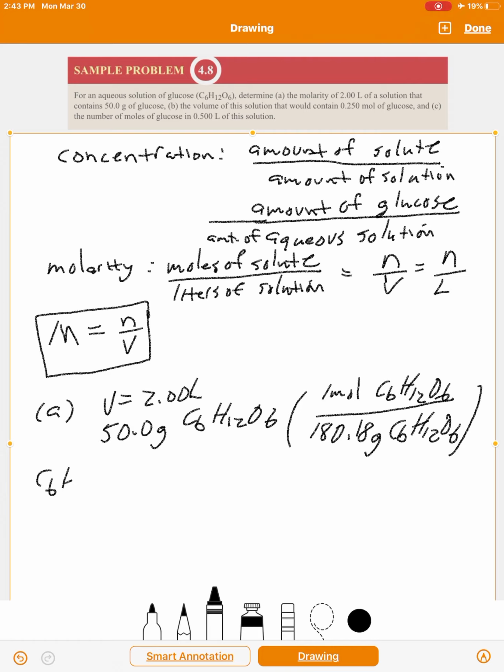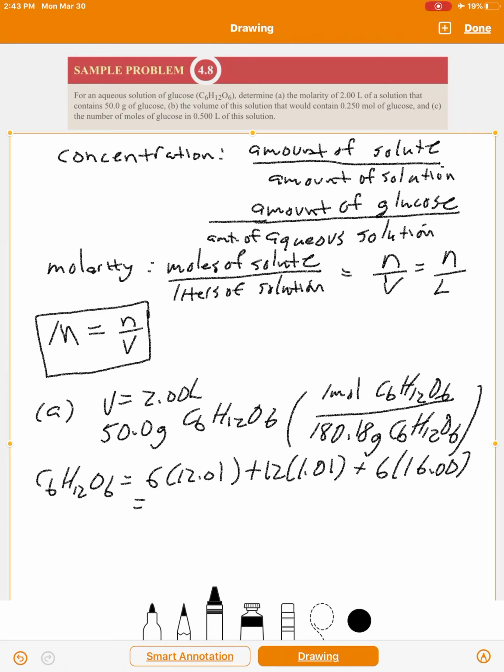So C6H12O6: 6 carbons, 12 hydrogens, 6 oxygens. That's the molar mass of glucose, okay?